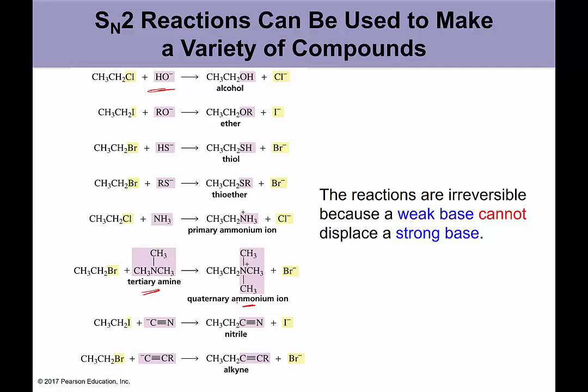And if you use other functional groups, you get direct replacement to form, for example, alkynes if you use an acetylide ion. And one of the features about these reactions is they're not reversible. That is, they can't revert back to the reactants because the weak base, which is the leaving group, can't replace the nucleophile, which is a strong base, simply because of bond strength differences.